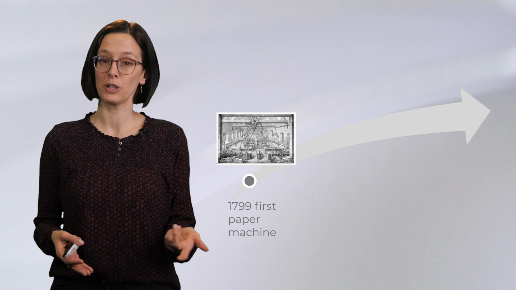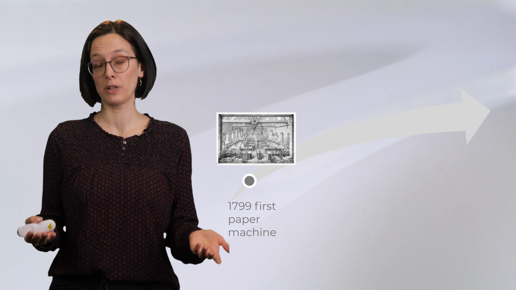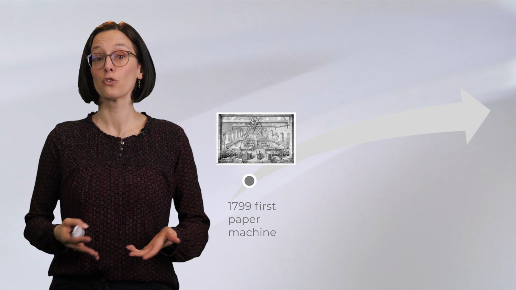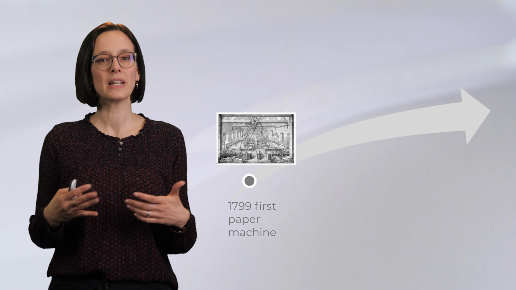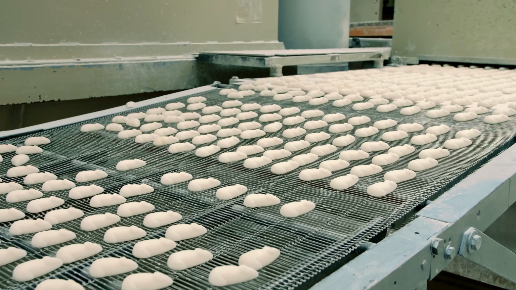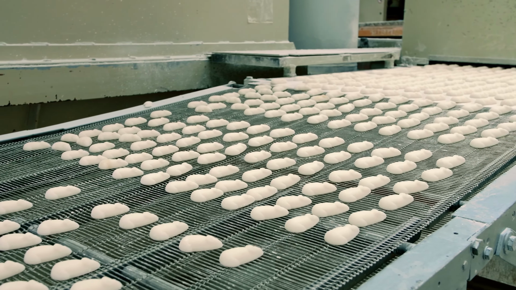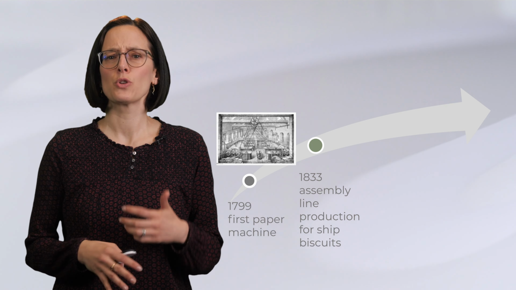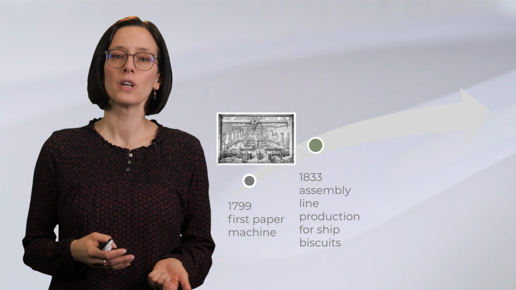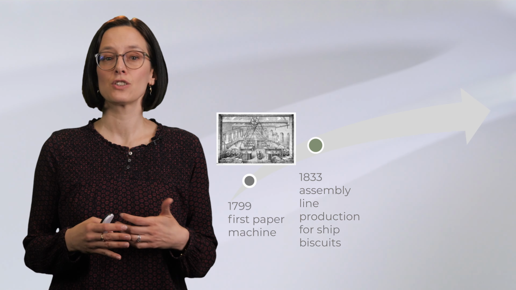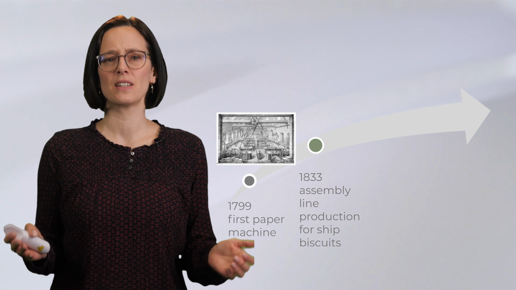Therefore, also food manufacturing was changed by continuous manufacturing processes, making food available for many people. The first assembly line production for ship's biscuit was opened in 1833. Nowadays, almost all packaged food is produced continuously. This led to the production of food in a fast and efficient way.